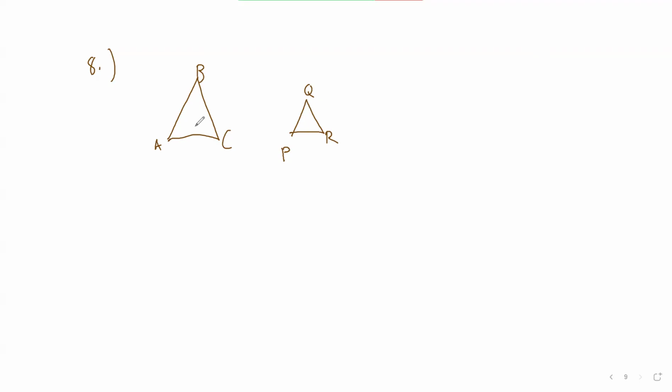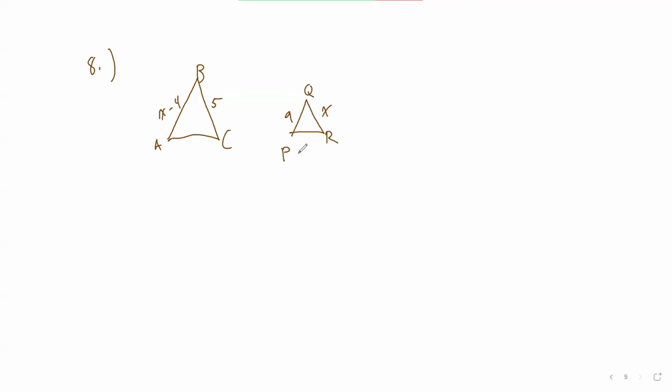And on ABC, the length for AB is x minus 4, and the length for BC is 5. And on PQ, it is 9. And on QR, it is x. And it wants us to solve for x.